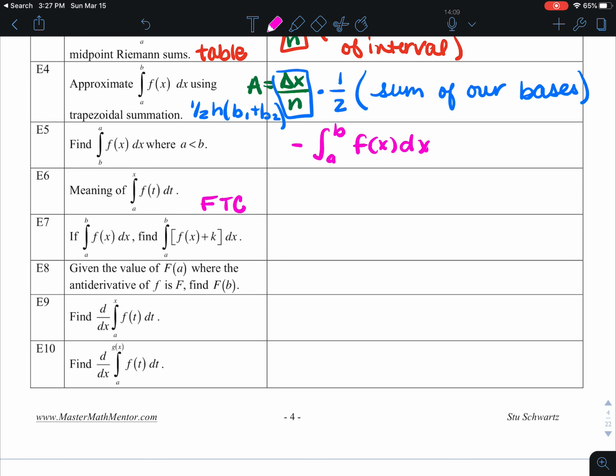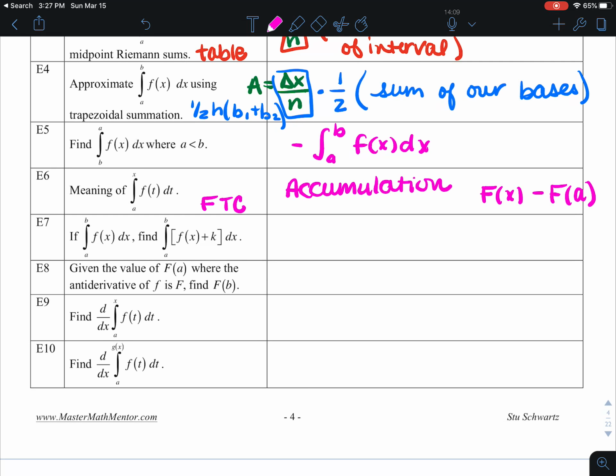It's the area under the function from some number a to an ending variable of x. And as we get further down, you'll see what that looks like as a derivative. The end result would be capital F of x minus F of a. And usually they tell you what F of a is, so then that'll give you the end interval.